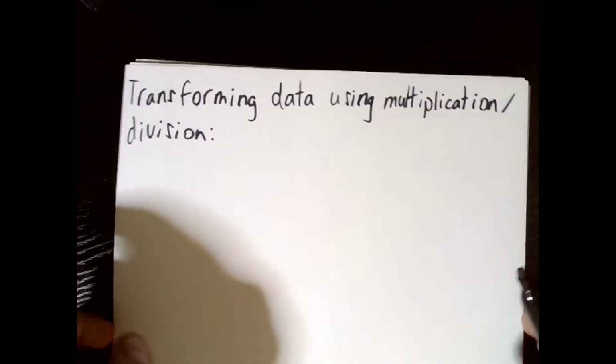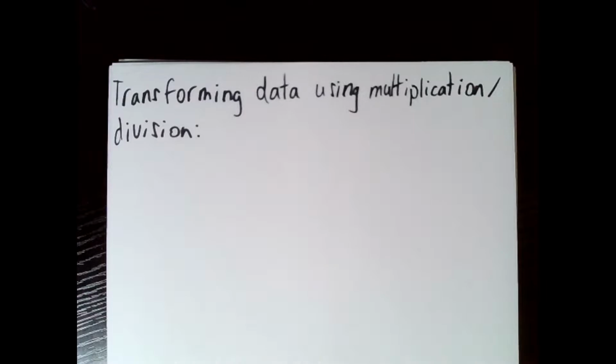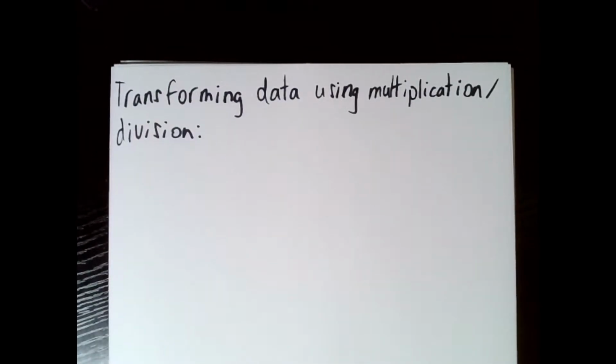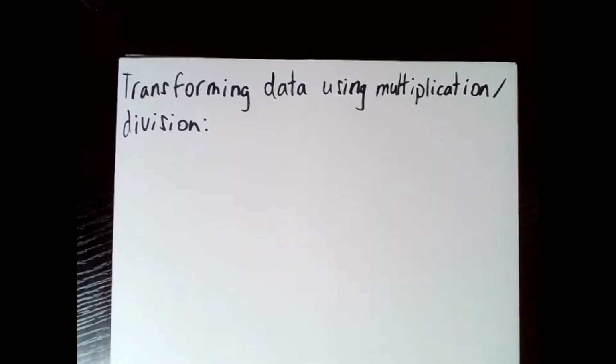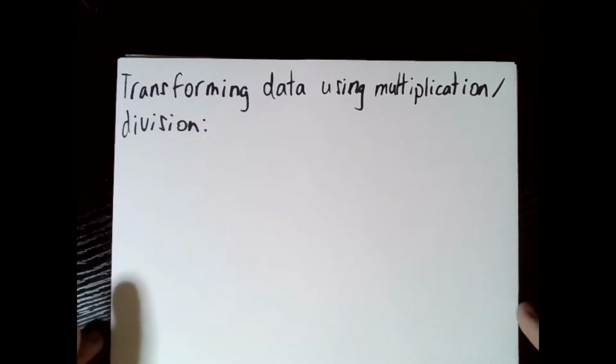And so, of course, the reason why I'm setting this up is because when we start talking about multiplication and division, these are going to affect measures of spread, okay? So range, interquartile range, standard deviation, they will be affected by transformations using multiplication and division. Now, the one thing that remains constant regardless of addition, subtraction, multiplication, division is the shape of the distribution, the general shape, right?